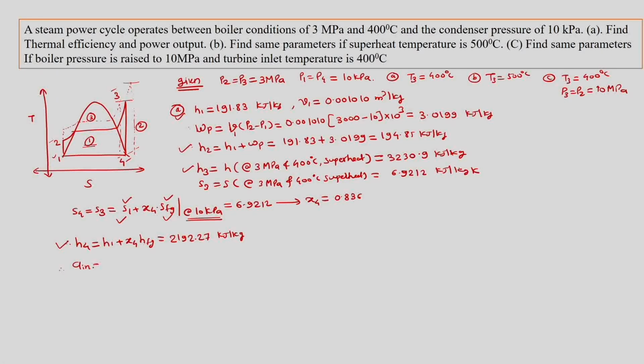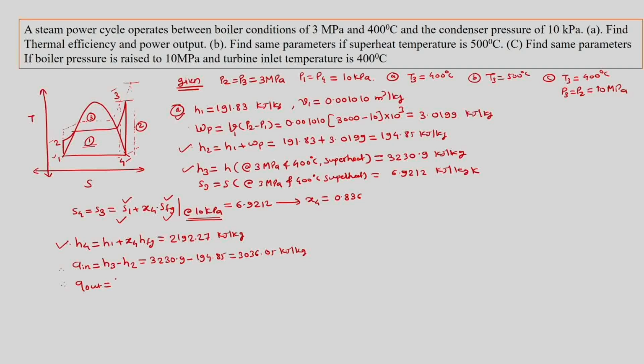So we have Q in is equal to H3 minus H2, which is 3230.9 minus 194.85. So Q in is 3036.05 kilojoule per kg.